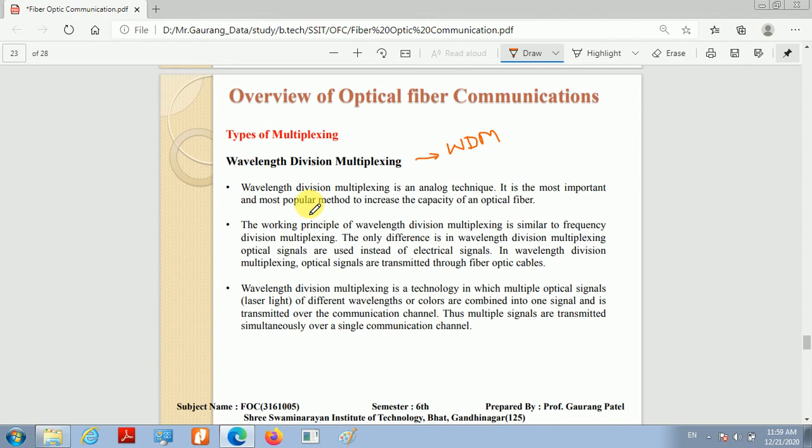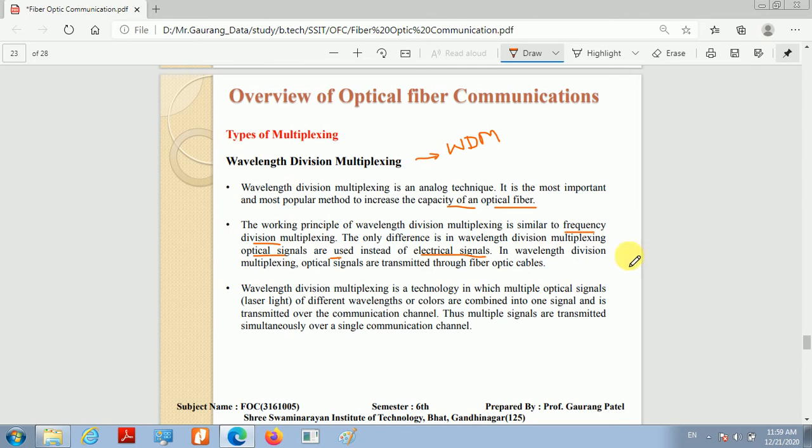It is the most important and popular method used in optical communication to increase the capacity of optical fiber cable. The working principle of WDM is very similar to the frequency division multiplexing technique. The only difference is that in WDM, optical signals are used, whereas in frequency division multiplexing, electrical signals are used.